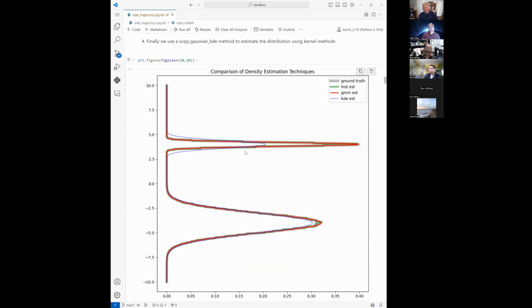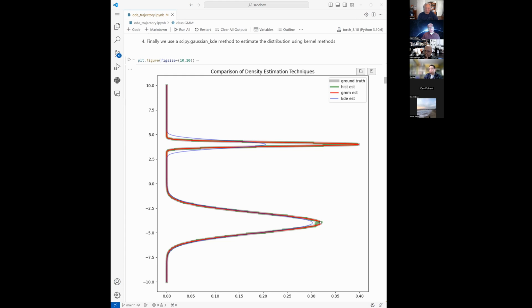This is an asymmetric, multimodal Gaussian distribution. Two different Gaussians, one with low variance, one with higher variance. The gray background is the ground truth PDF. The histogram estimate, you can't see real well here, but you can see the green going through here.